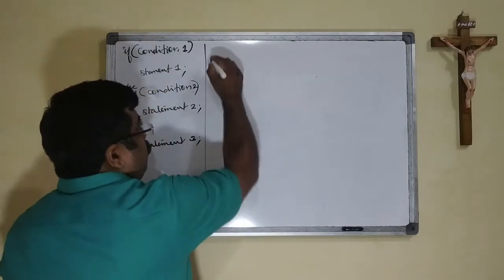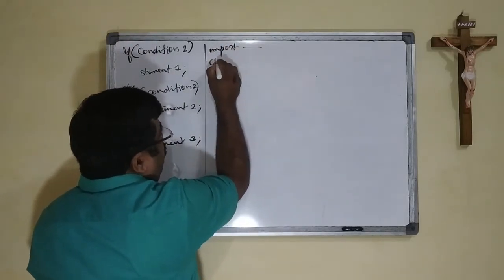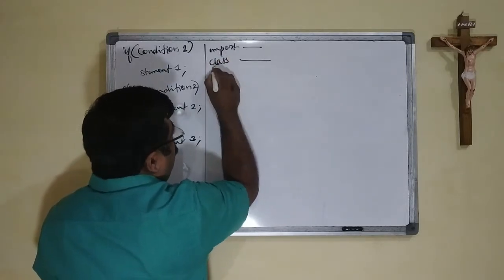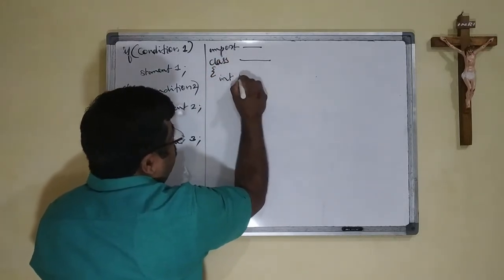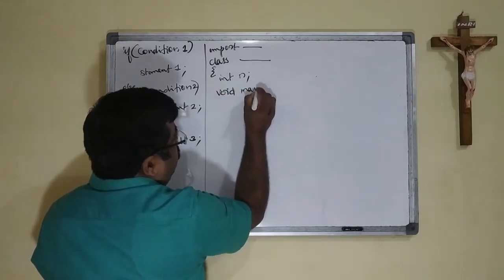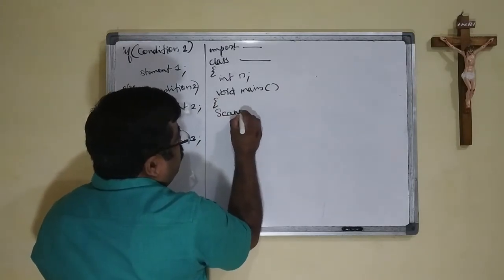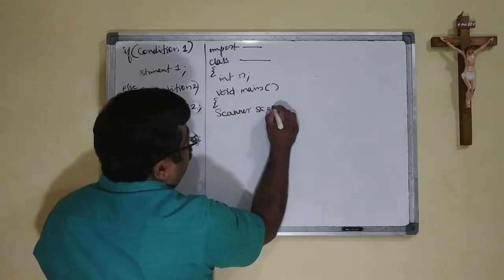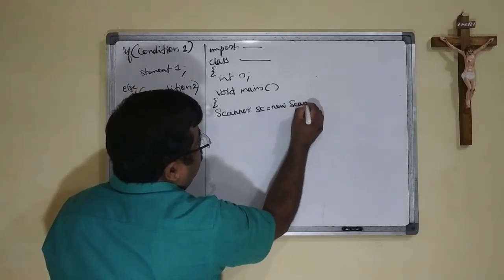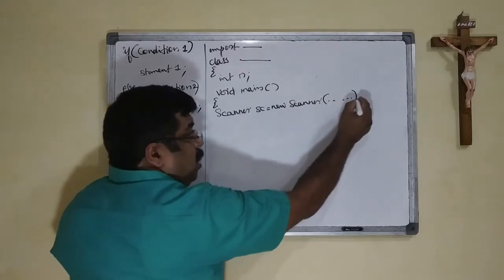Let's see. Import will be there as usual. Class so and so. int n; void main. Then we are giving the Scanner class. Scanner sc = new Scanner(System.in).